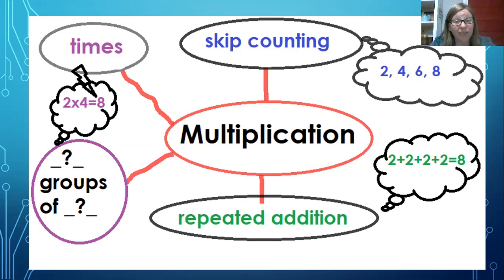Did you follow all that? I went really fast, but multiplication doesn't have to be a scary thing. Multiplication is skip counting, it's repeated addition, and it's thinking of groups of the same number. Different ways of counting the same number.